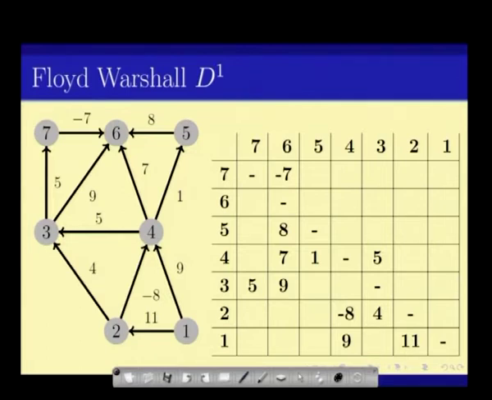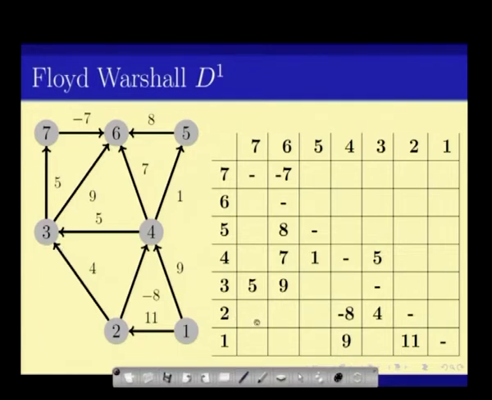Now comes the second one, D2. In the case of D2, I am allowed to use the first vertex and second vertex. This is where things become interesting. Say from 1 to 3, right now I had no edge from 1 to 3 and therefore I could not go, but now I can go. How? I can go from 1 to 2 and from 2 to 3, without using any intermediate vertex.